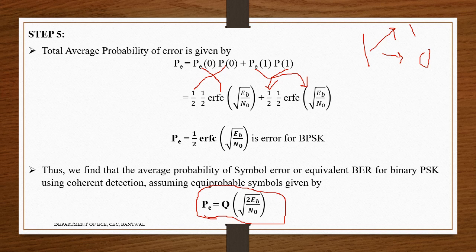Then we need to find the error, because if it shows symbol 1 in the symbol 0 region, what are the steps? So we are trying to find the probability of error for this case. That is what we have done with step 1, step 2, step 3, step 4 and step 5. Okay, so this is how we do it. Thank you.